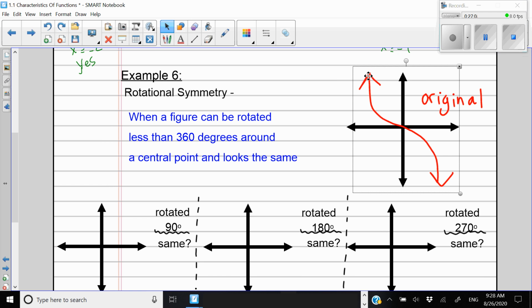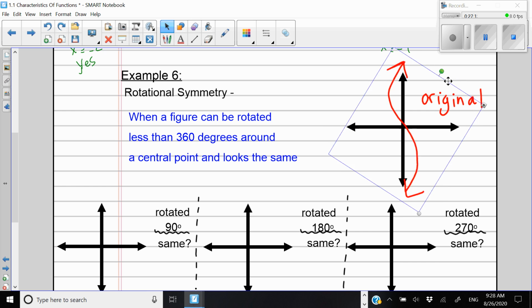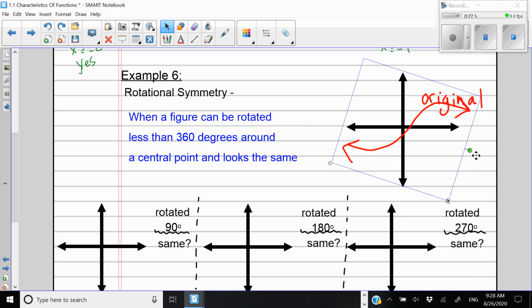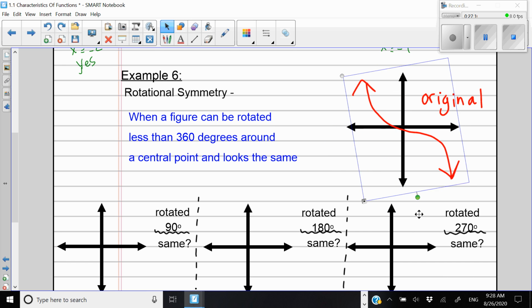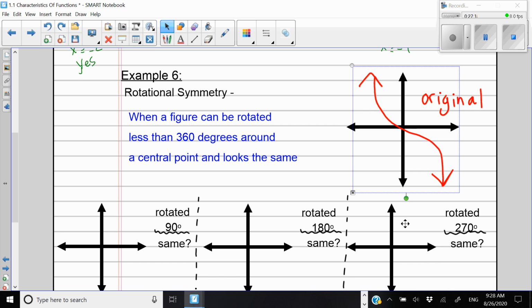For example, here, I'm going to rotate this. If I rotate this exactly 360, it's going to be exactly the same thing. So we don't call that symmetry, because 360 is always going to give the original shape.